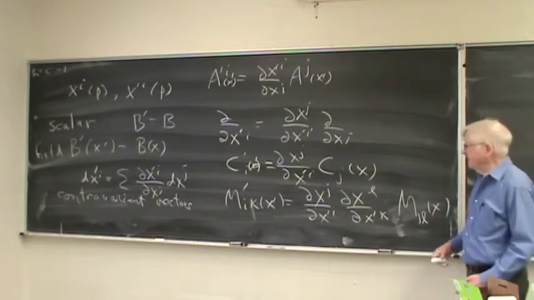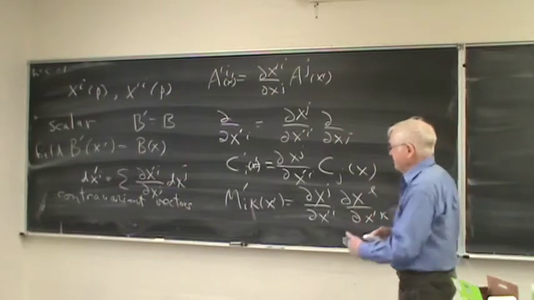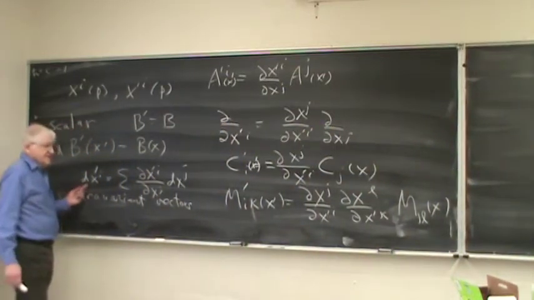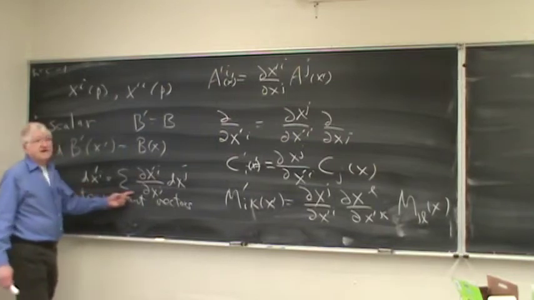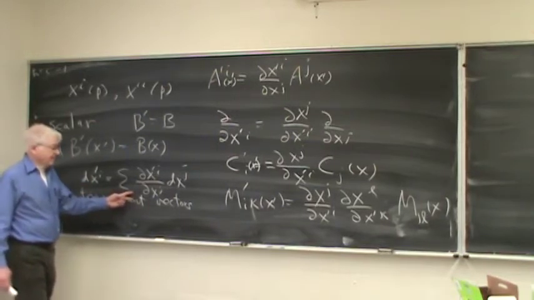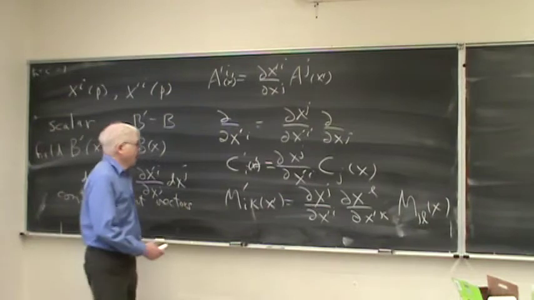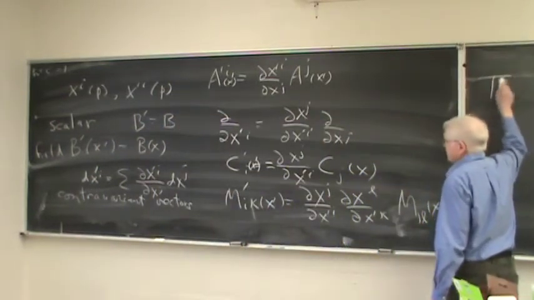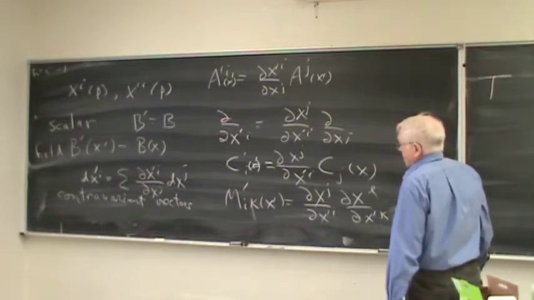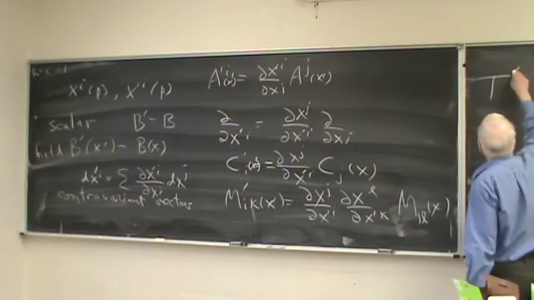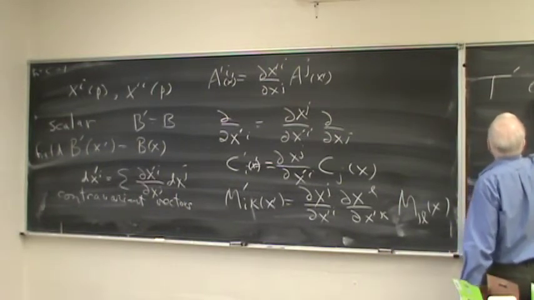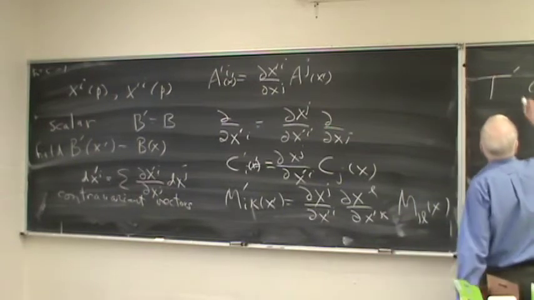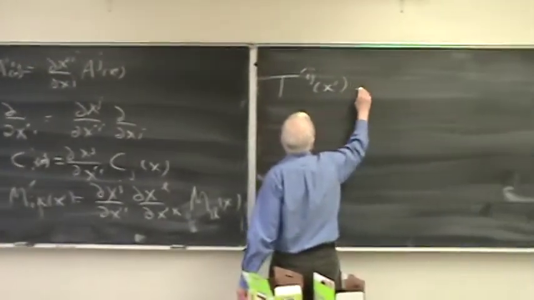On the other hand, if it does everything the other way, like the differential, then it's a contravariant field. So in other words, if we had something T, we'd say T prime of x prime, and we want upper indices here, so let us say ij.